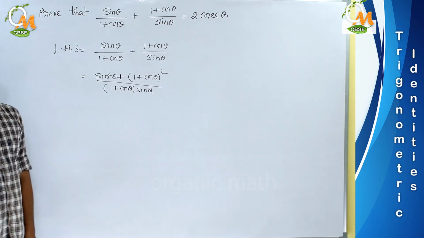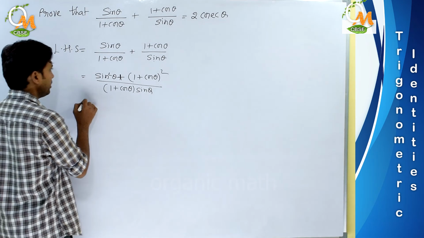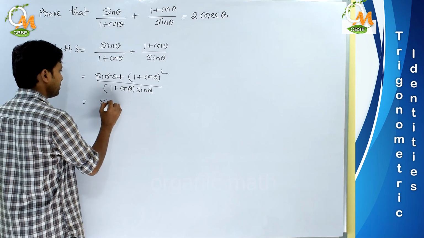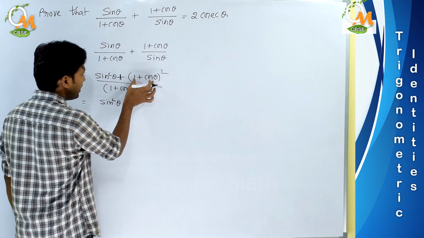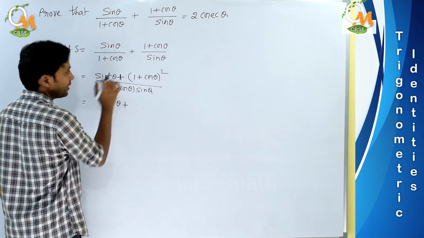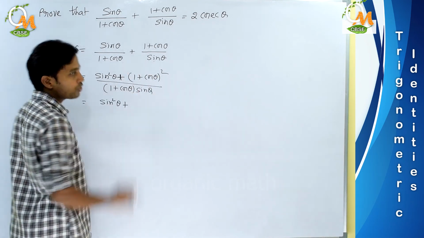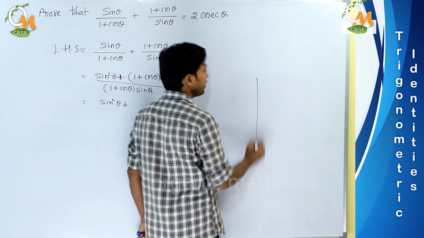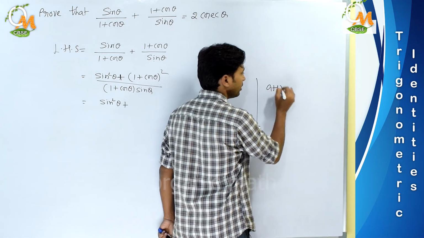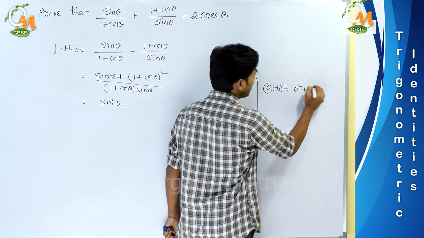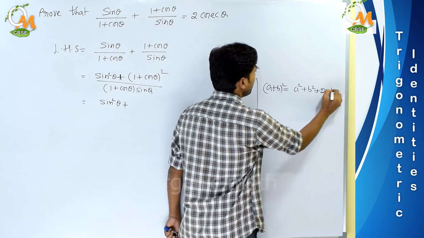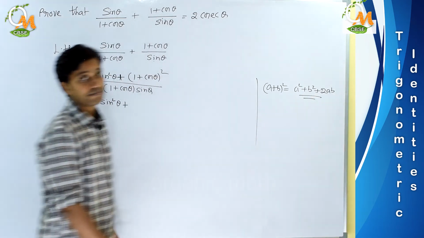1 plus cos theta into sin theta. Now this is sin square theta. If you want to solve this bracket, 1 plus cos theta whole square, which is in the form of a plus b whole square, which can be written as a square plus b square plus 2ab from algebra.